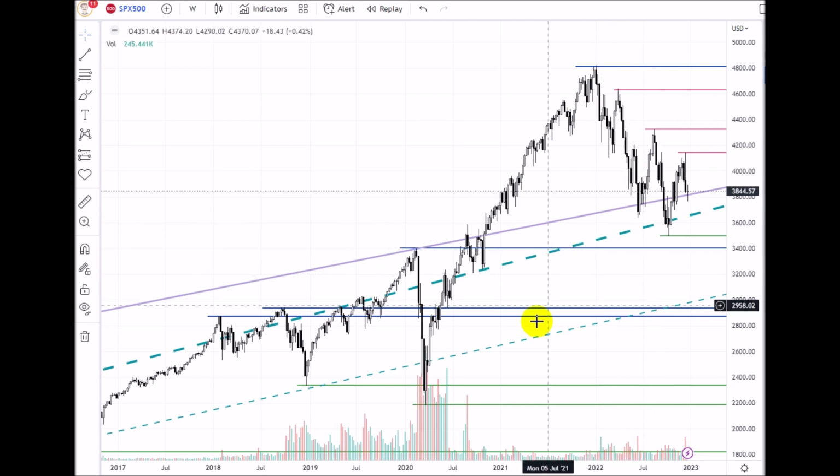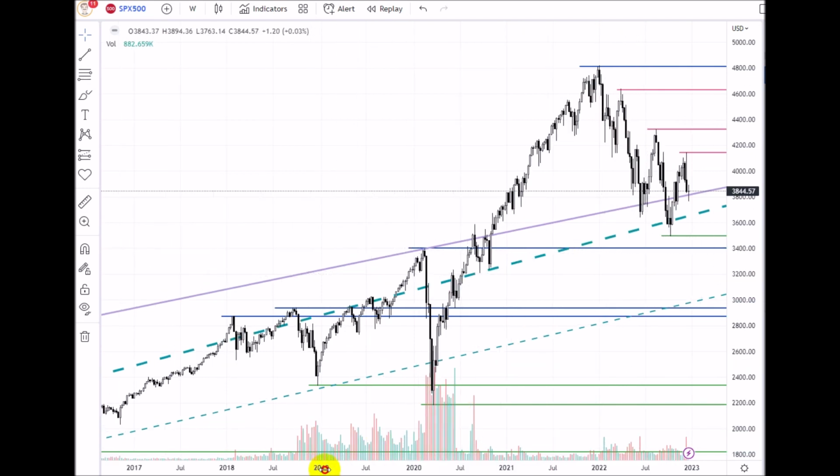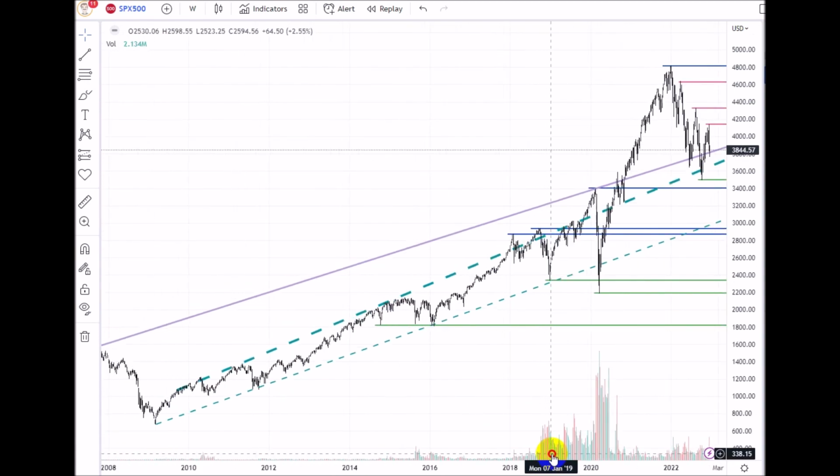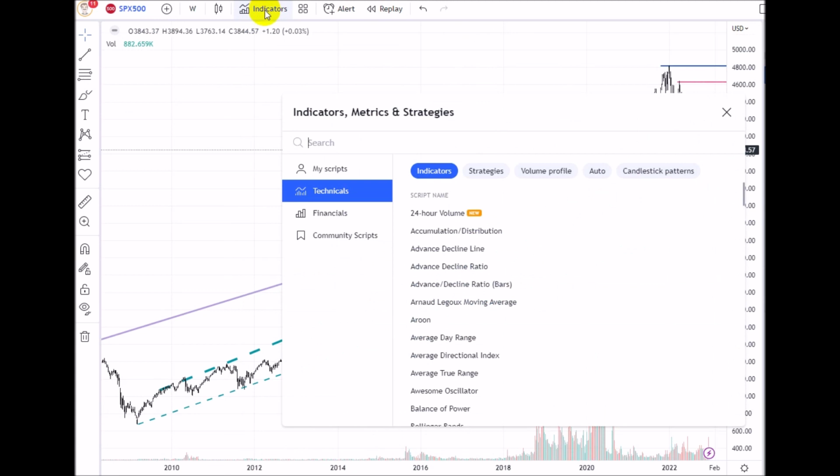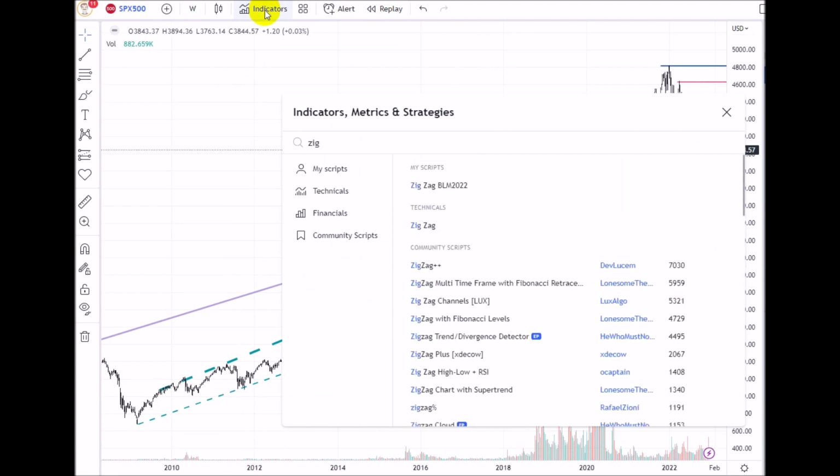So now we've identified some areas here that look fairly strong as far as trending and support and resistance. Ultimately, what we're trying to do here, ladies and gentlemen, is identify whether or not we're going to see some real strong upward trend. Now, one of the indicators that I really love, and I will add it here, is this zigzag indicator.